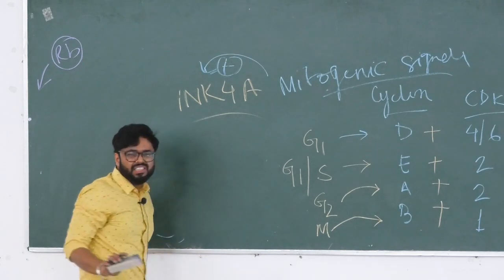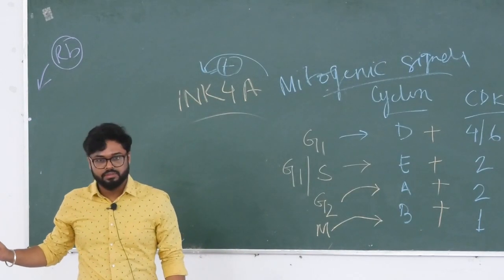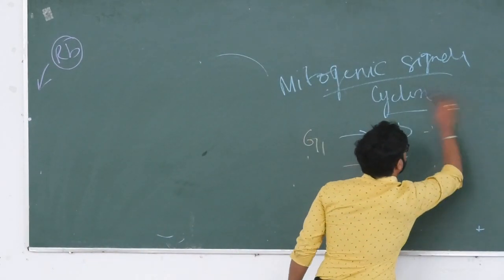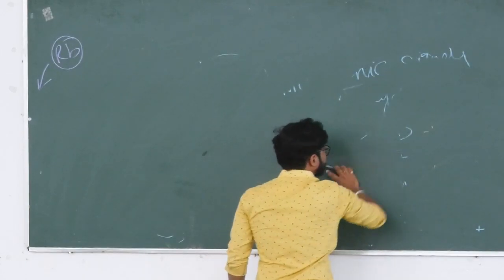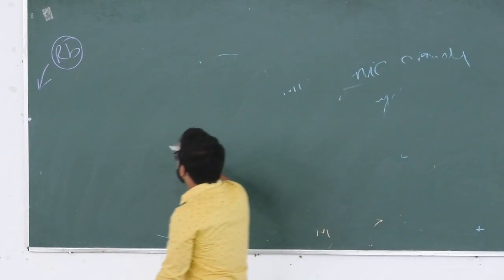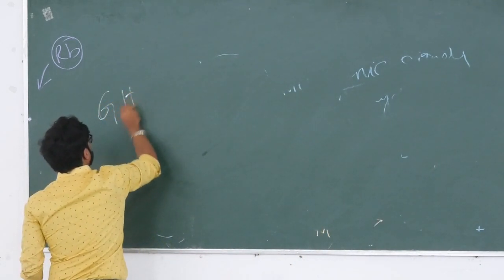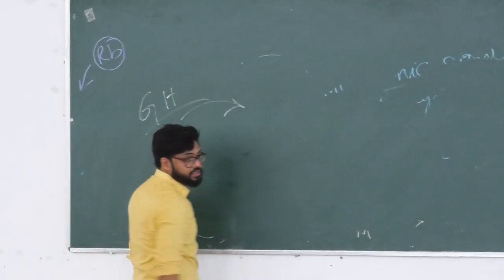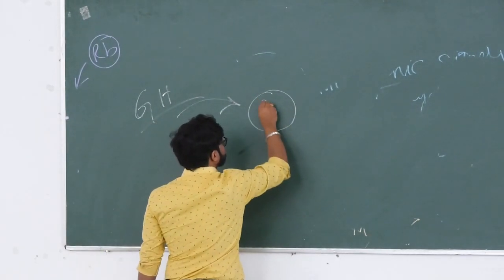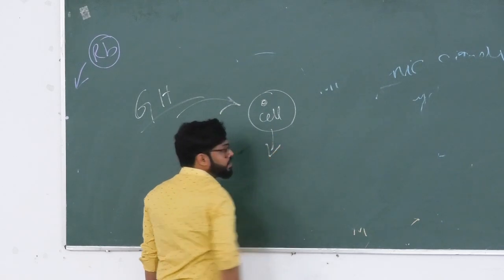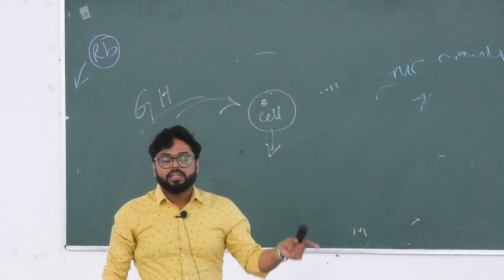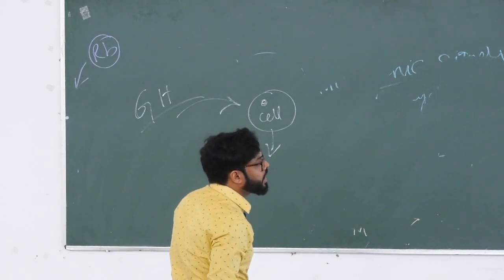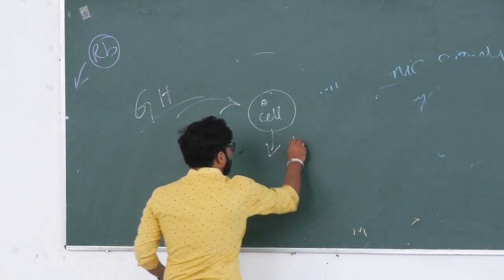Each chapter has to be taken to the molecular level. It will take some time. The important signal by which they act over the cell is known as insulin-like growth factor.